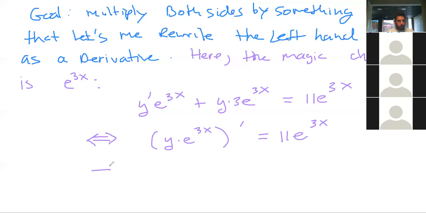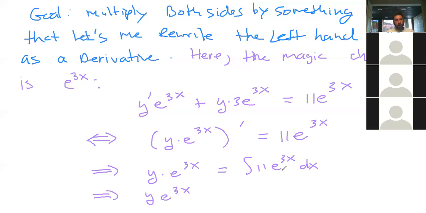And now I can just take the integral of both sides. So y times e to the 3x has to be the integral of 11e to the 3x. When I integrate the right-hand side, I get 11/3 e to the 3x plus c.